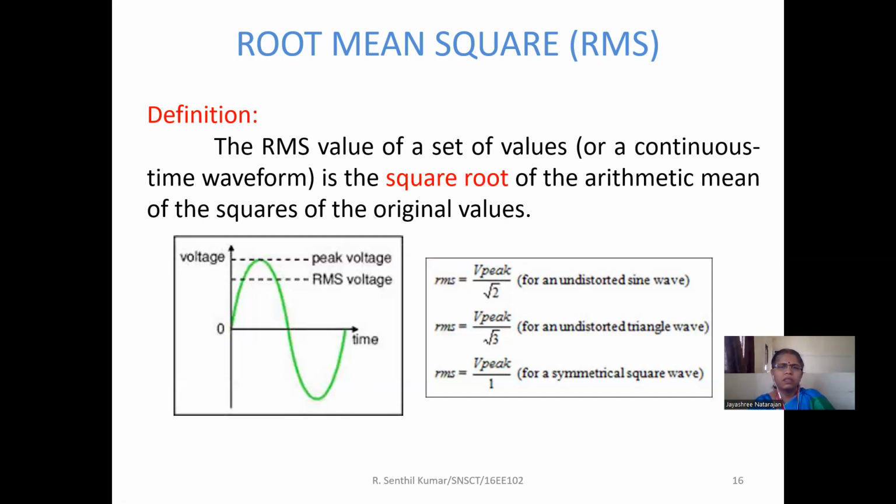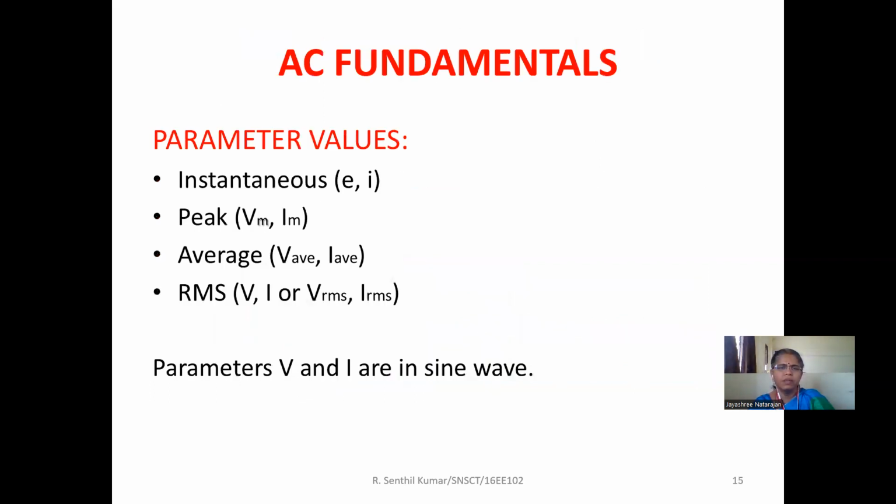The next one is RMS voltage. What is RMS? RMS is the root mean square quantity. It is the square root of the mean, that is, the average of the squares of the voltage or current. So it is the square root of v1 squared, v2 squared, v3 squared, up to vn squared, divided by n.